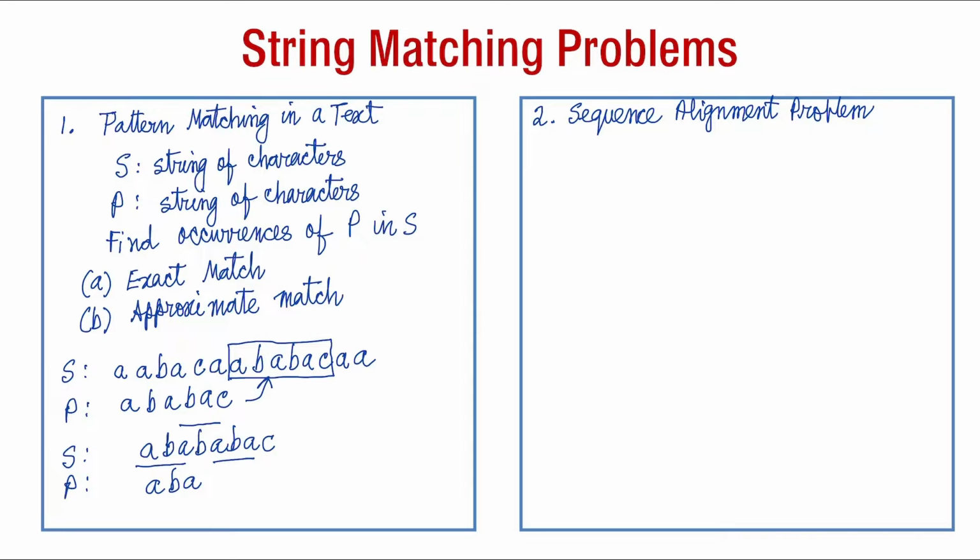In the sequence alignment problem, you are given two strings and you want to find out how closely they match each other, irrespective of whether there are some partial mismatches. For example, suppose you have this word interaction and you have another word called contradict.